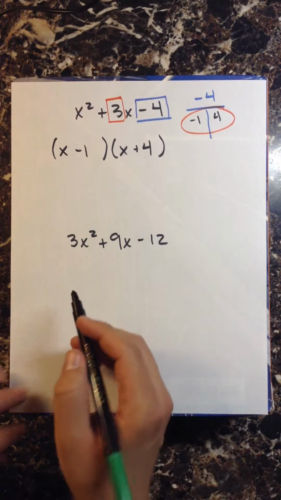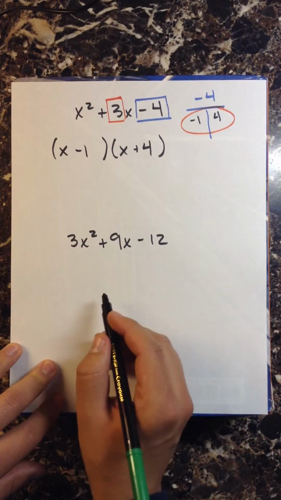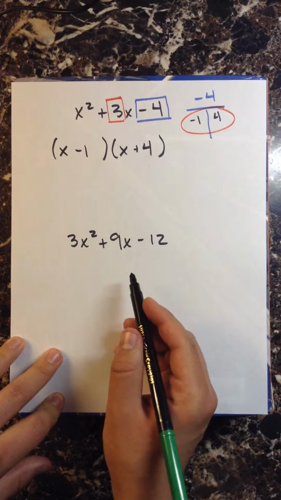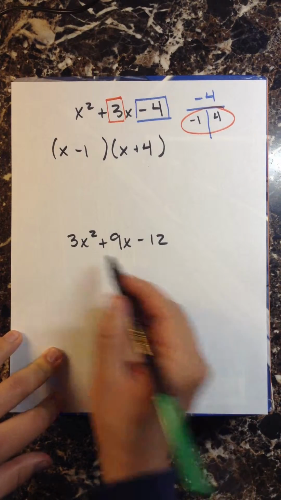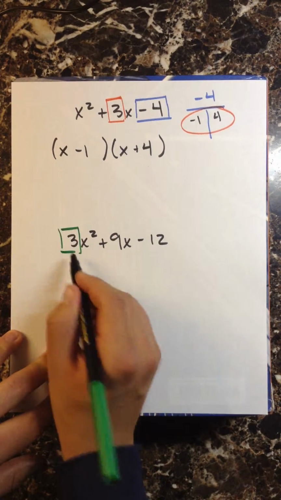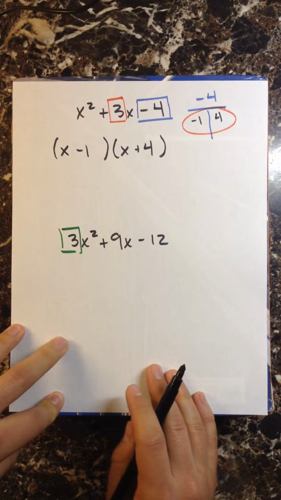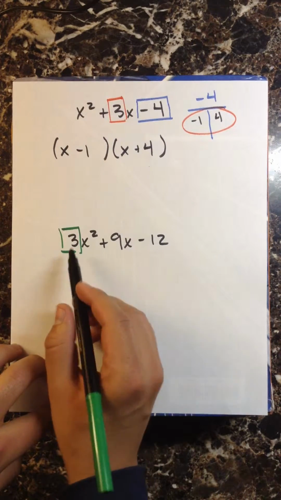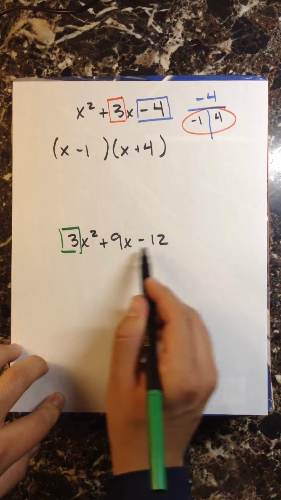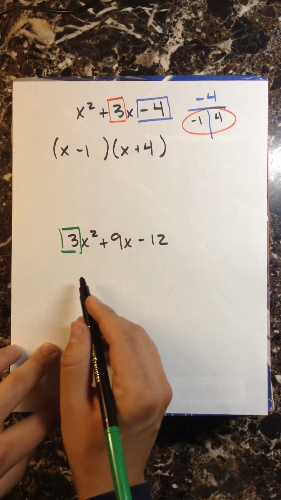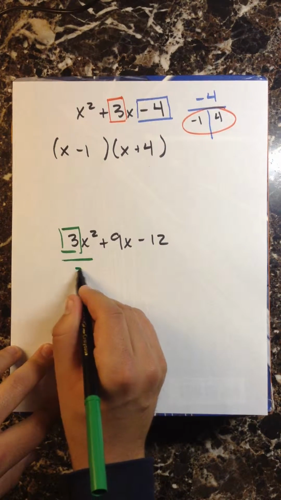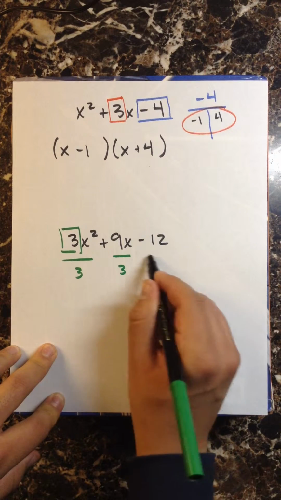Now the second guy is also fairly simple, but it's just a little bit more difficult. Kind of has a little twist to it. So if we look at our leading coefficient here, we have a 3. Now that 3, if you take just a second to think about it, will divide evenly into all three of our terms here. So all we're going to do is just divide it out.